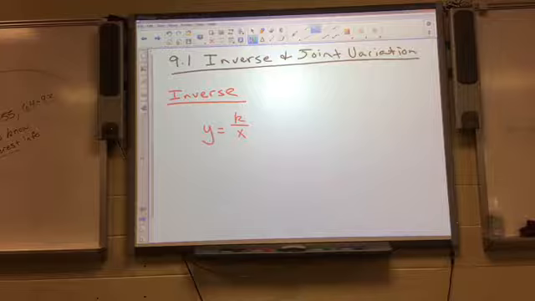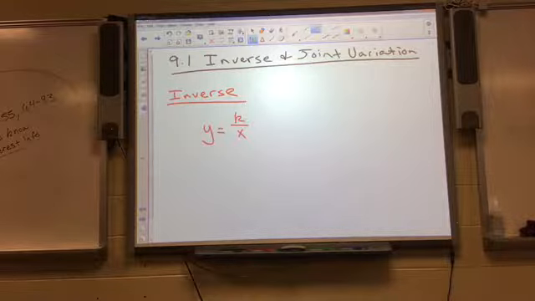Your k cannot equal 0. That's kind of your rule with your constant. Your k cannot be 0. Otherwise, it's kind of exactly the same as direct. They're going to give you some information, and you're going to solve it.